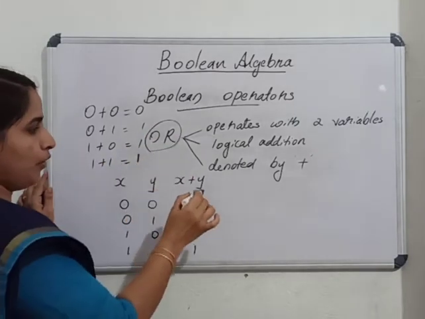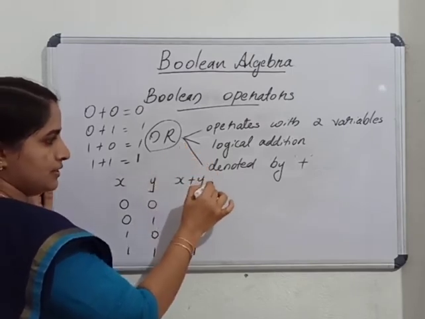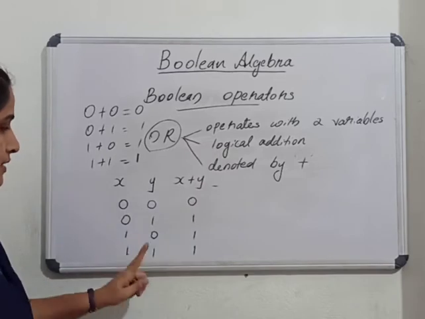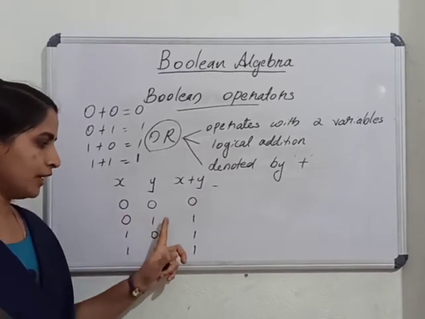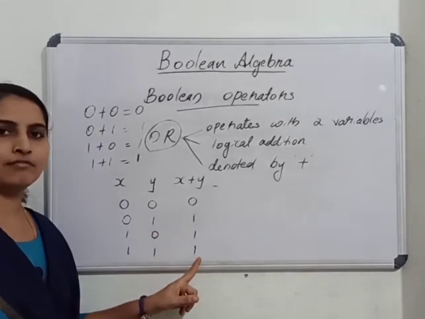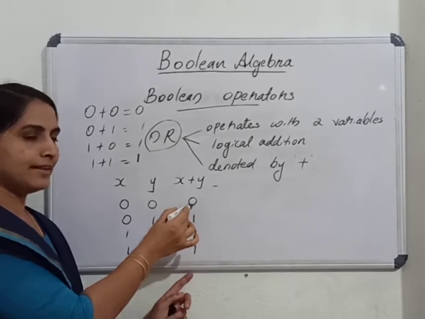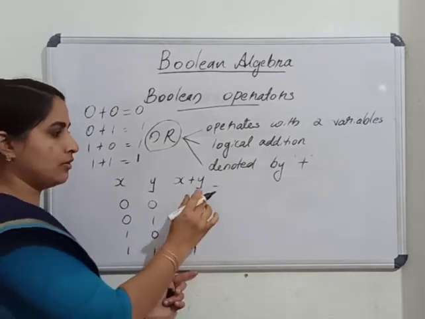And one more point you might have noticed here of OR gate is, in OR gates, if any of the inputs is 1, then the output is 1. If all the inputs are 0, then only the output is 0. Please note down that too.